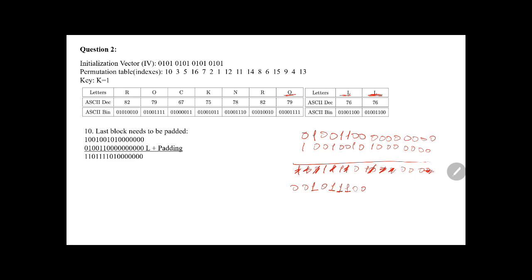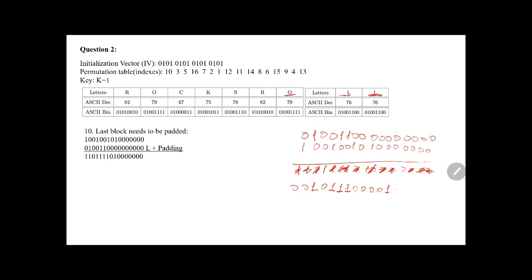Then the 14th, which is this one, it will be here. Then the 8th, which is this 0, which will be here. And then the 6th, which is this one, it will be here.